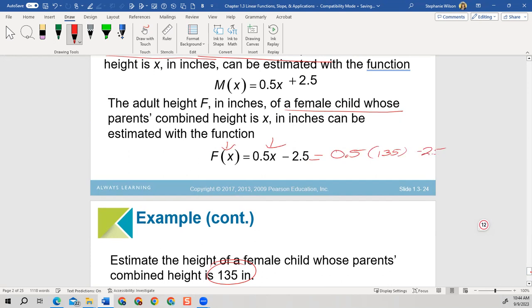So when we do our math here, we're going to say 0.5 times that 135, which gives me 67.5 minus that 2.5. So it says that we have 65 children that are female at the height of 135 inches. Okay. Thank y'all.